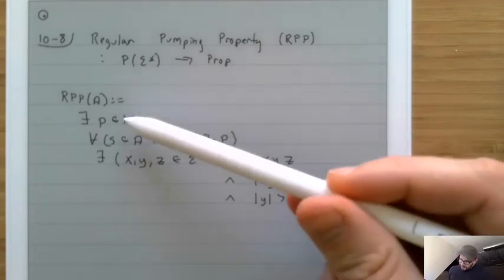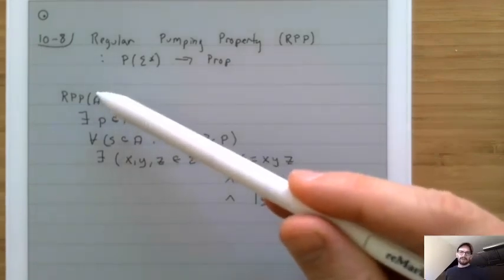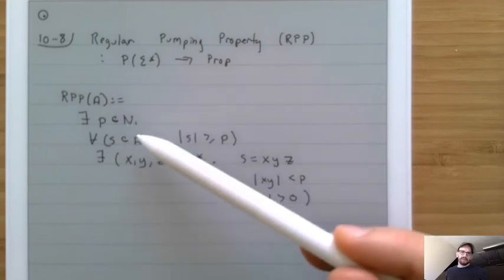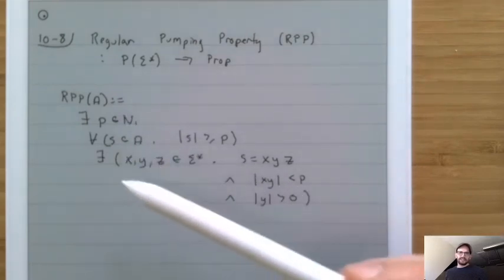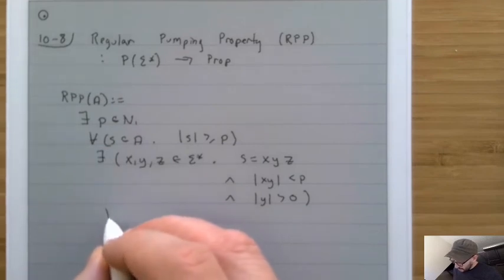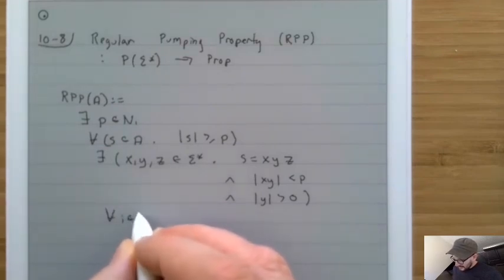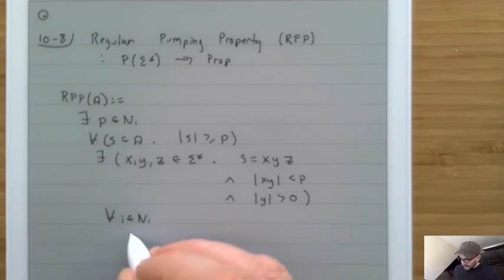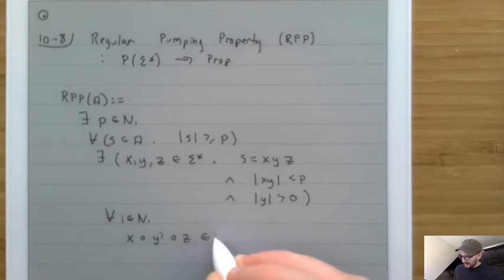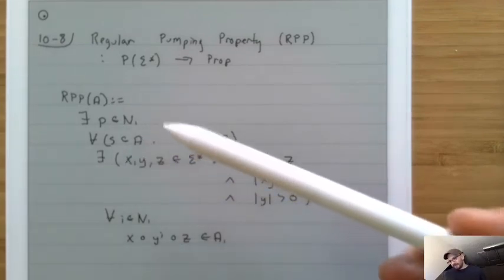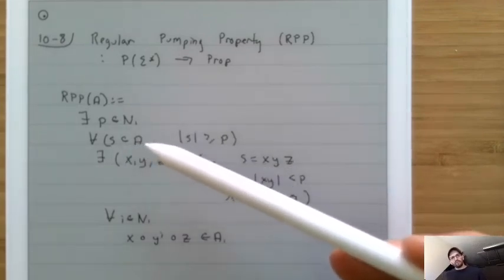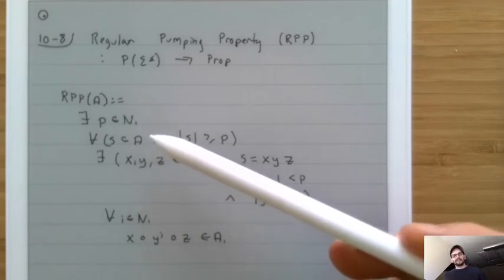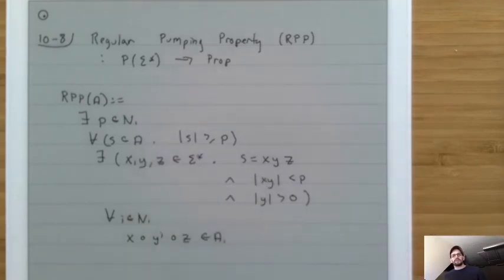So if something has RPP, if there exists this number, where for all of these there exists these three things, and that means that for all i inside of the natural numbers, x circ y^i circ z is inside of A. The regular pumping property is essentially a recipe: if it applies, you know that given one string that's long enough and accepted, you have a recipe for an infinite number of other strings.